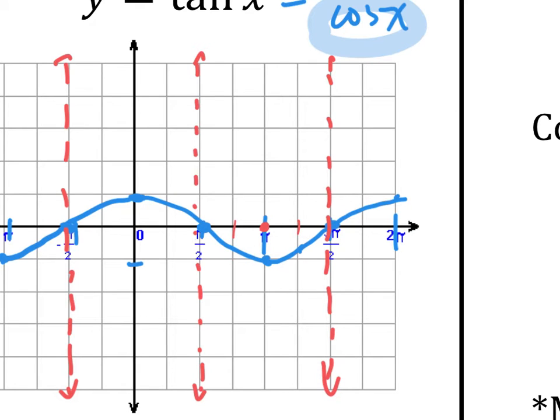So we're going to make 2 marks there, and then connect the dots. Now, tangent is not like this. It's actually a very smooth curve, but what we're saying is it has to go through those 3 points. And because there are vertical asymptotes, the graph is going to go towards the vertical asymptote like so. It's getting closer and closer to the vertical asymptote.